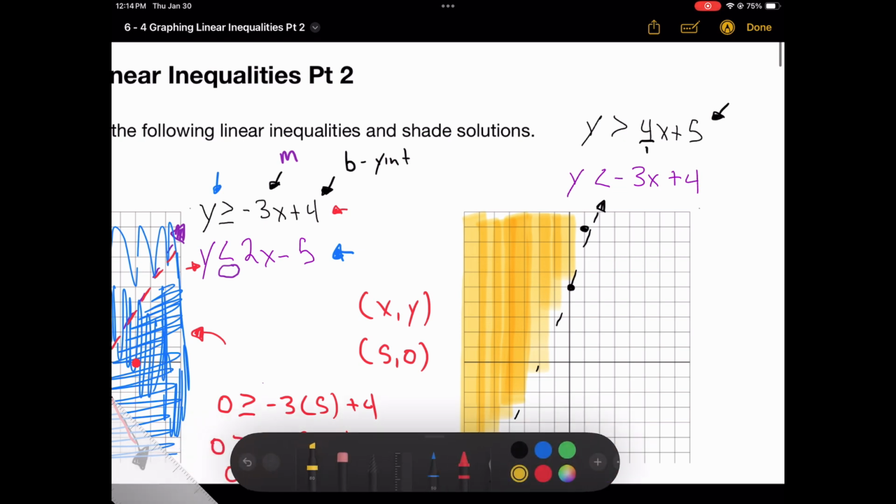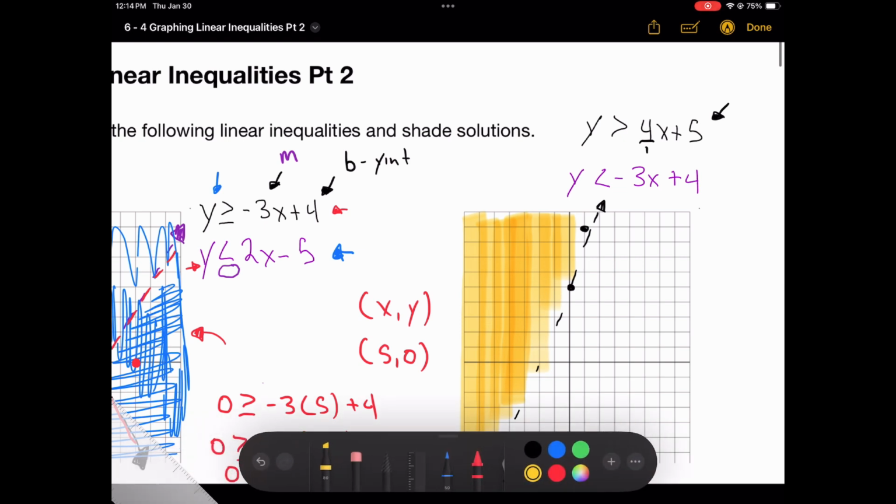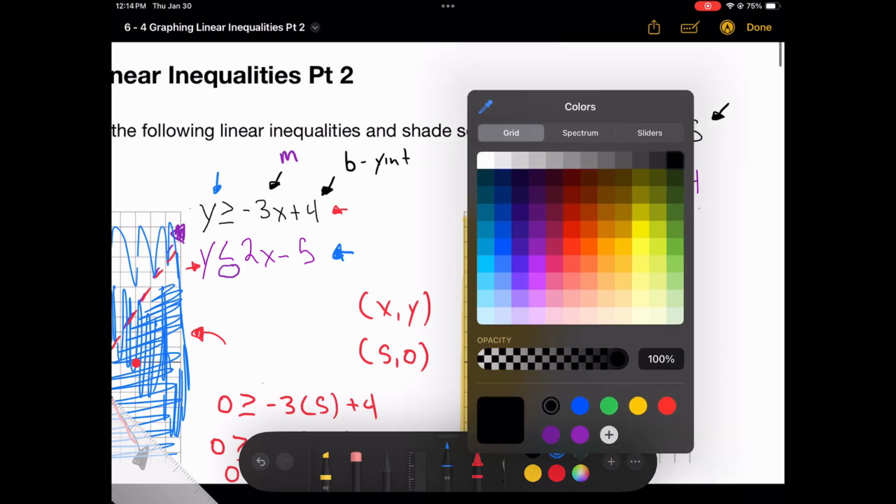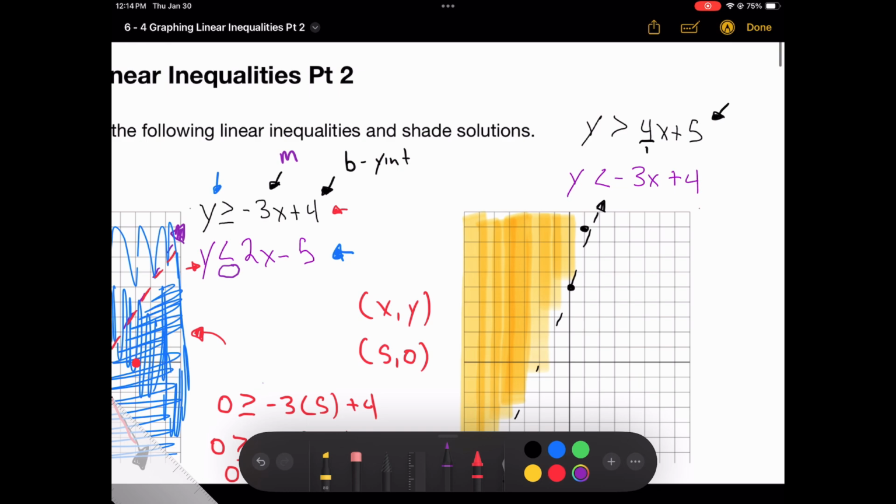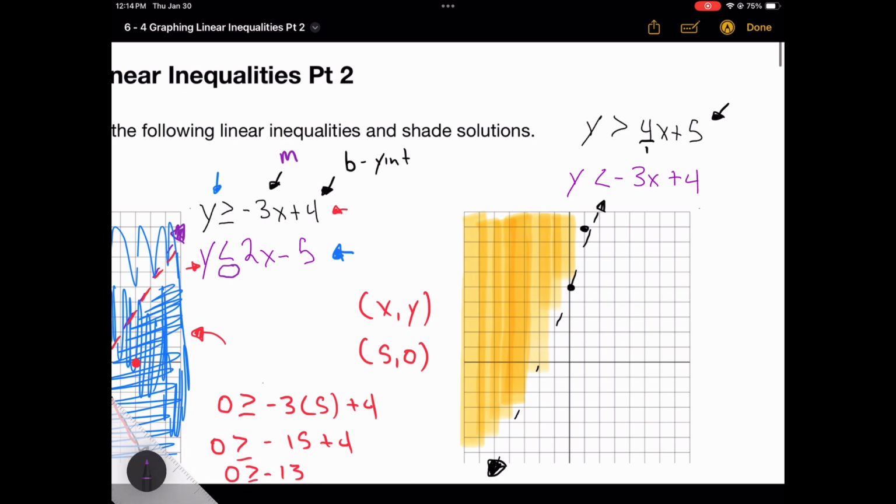Now I'm going to graph the purple line here, and let's do it in purple again. So I have 4, so I'm going to find my 4. 1, 2, 3, 4. I'm going to put a point.